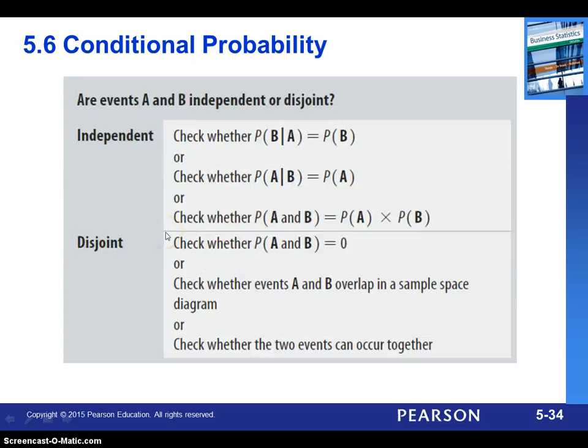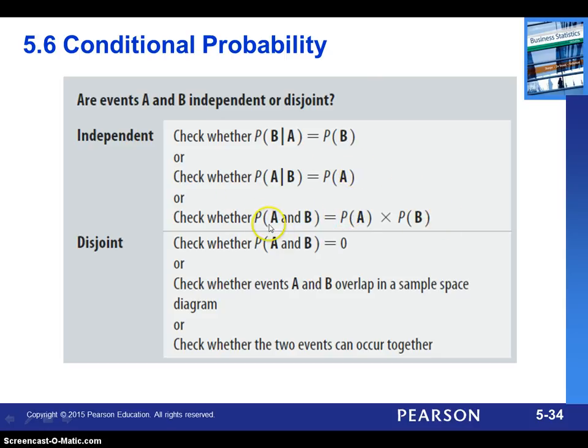In fact, here are some checks we can do for independence. Like I said, independence is sometimes hard to figure out in problems, so this will help us determine if our situation has independence. We can check whether P(B given A) is equal to P(B), or P(A given B) is equal to P(A). Then we can check if P(A and B) equals P(A) times P(B).